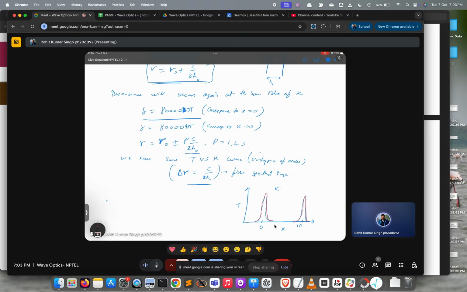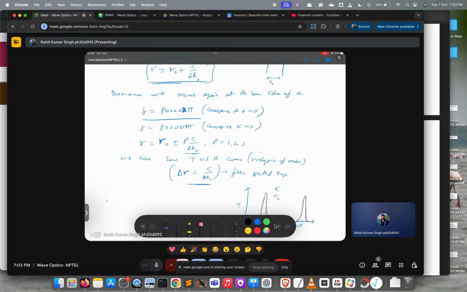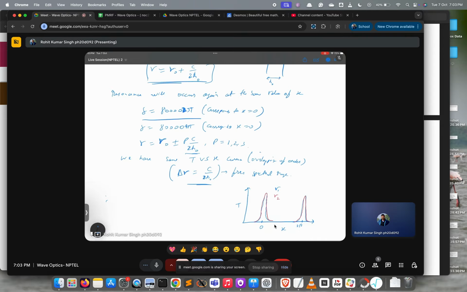Okay, if you change to mu2, which will be equal to mu1 plus c by 2h naught, but the order will be different.